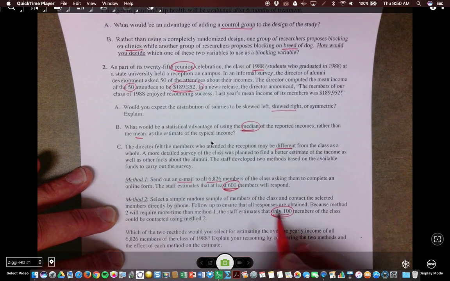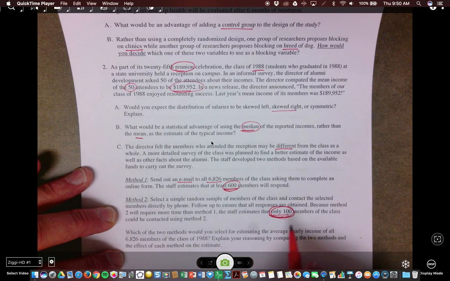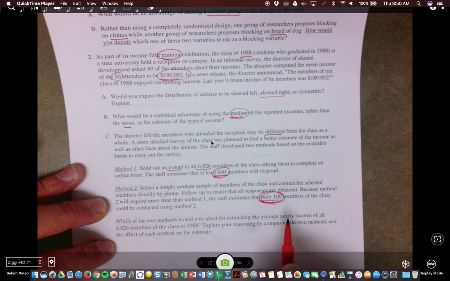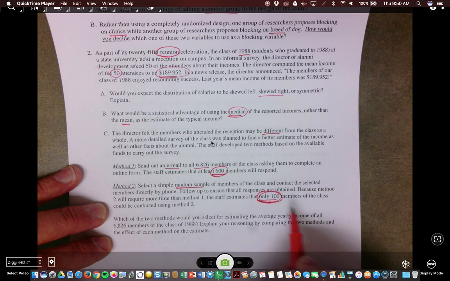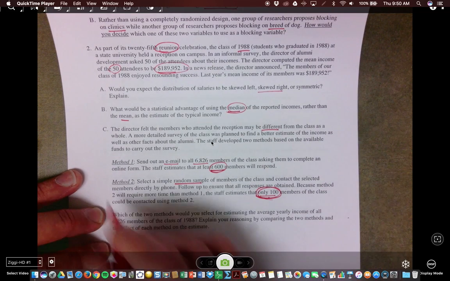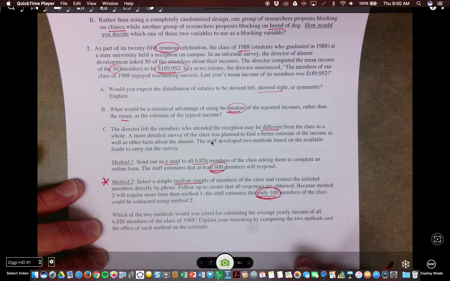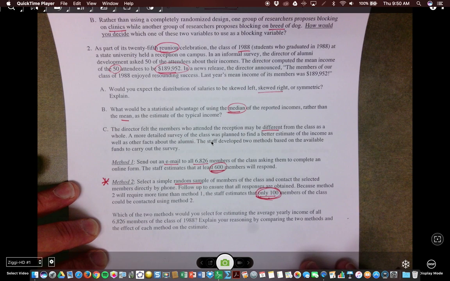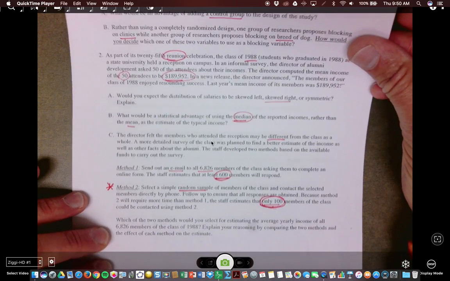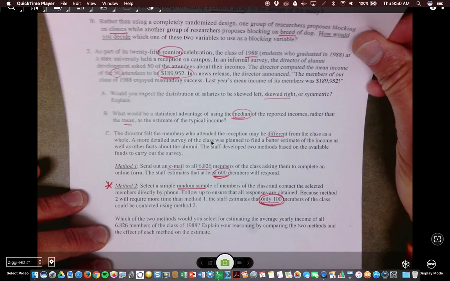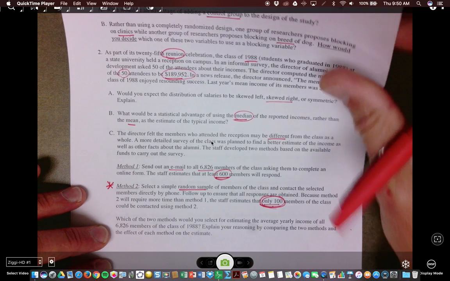So because of that, if we can get this 100, even though it's a smaller number, that's not going to have much bias involved, because it said they're going to take a random sample and they're going to follow up and make sure that they get the responses from everybody. So method two is a much better method in terms of estimating a typical income. A lot of talking on that one, but those are the things that you need to keep in mind when you're writing up your answer to that one.